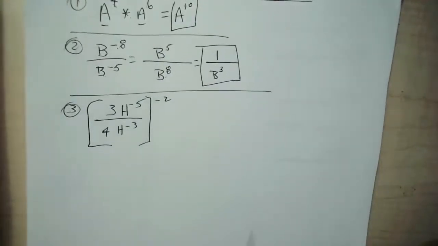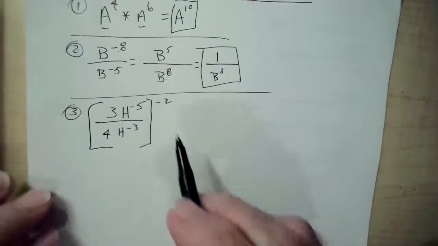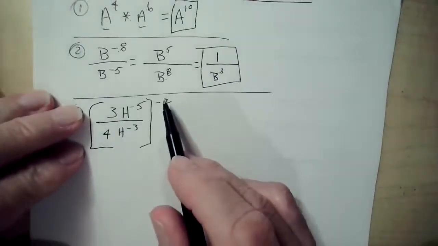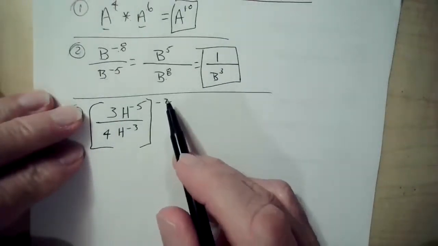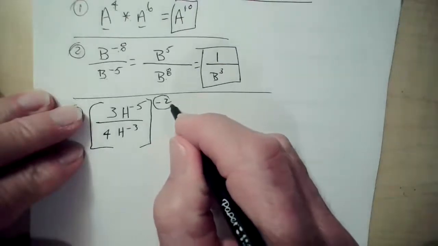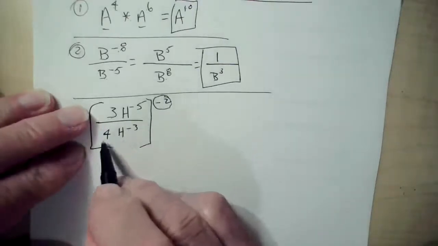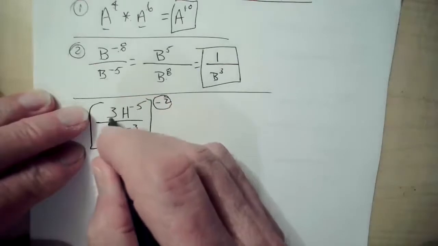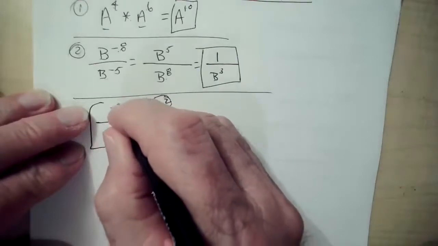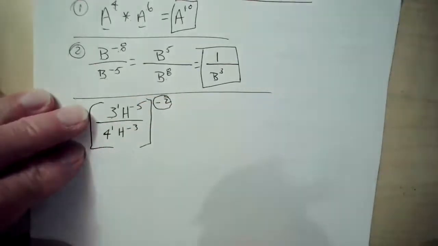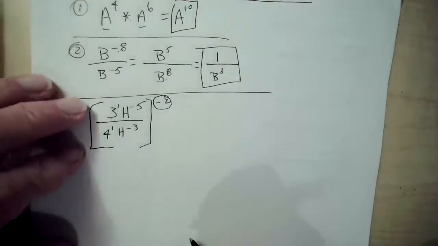It's called the power rule. And when you have a power raised to a power, you multiply the exponents. So we're going to multiply negative 2 times every exponent in here. Now remember, the numbers, the constants, they also have exponents. They're ones, we just don't write it.